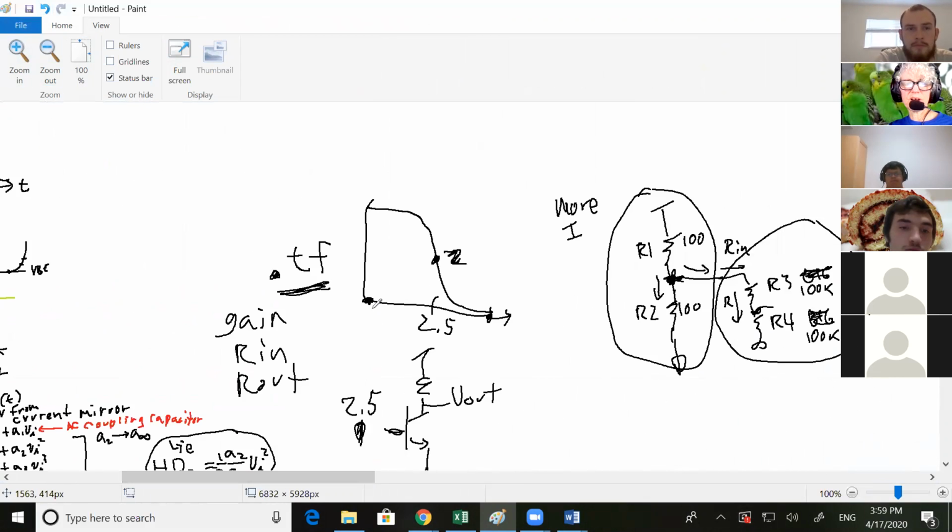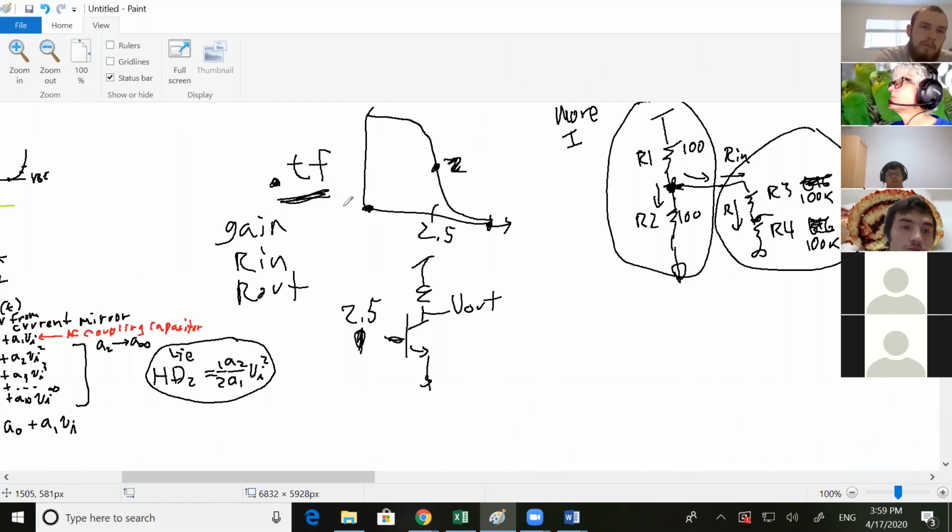So there's another kind of simulation. It's called .tf, the transfer function simulation. You know how when you do a dot op or a DC bias point simulation, it comes up with text? This also comes up with a text window like that, and it gives you gain, R in, and R out for your circuit.